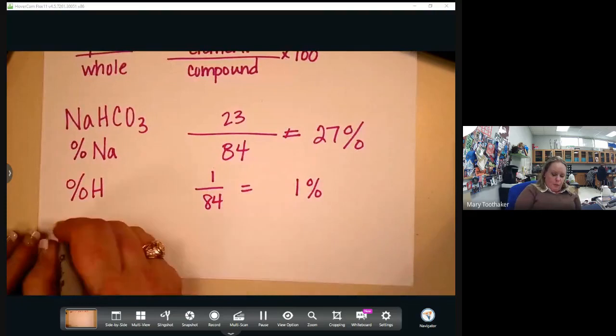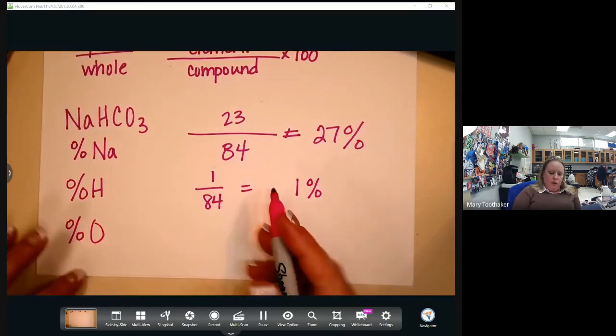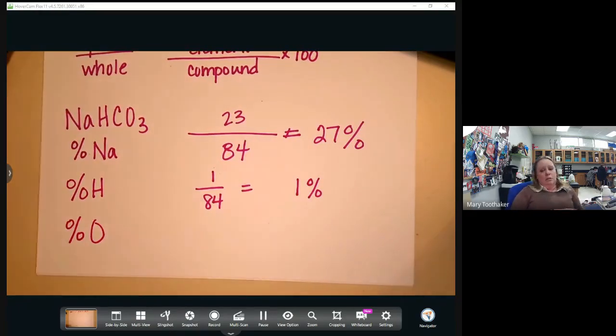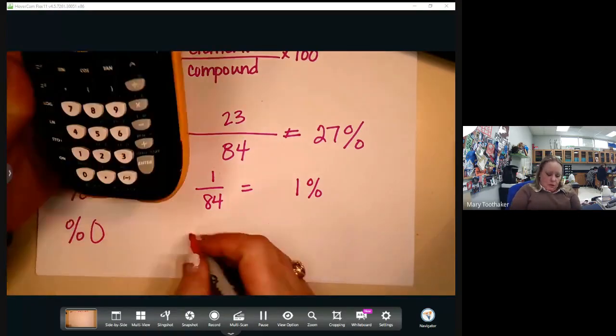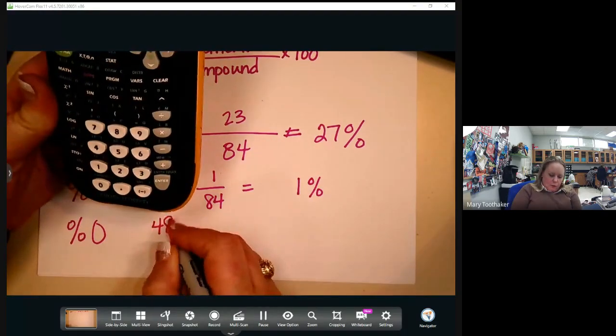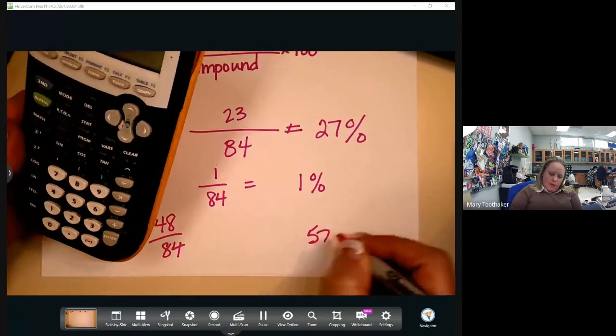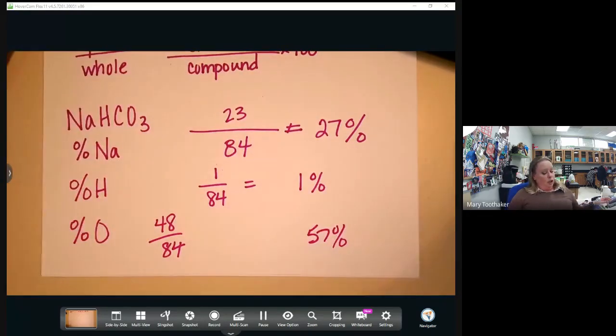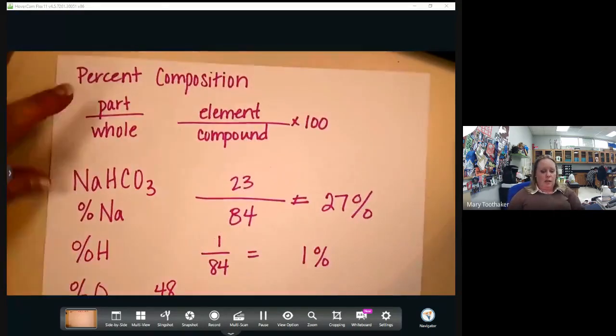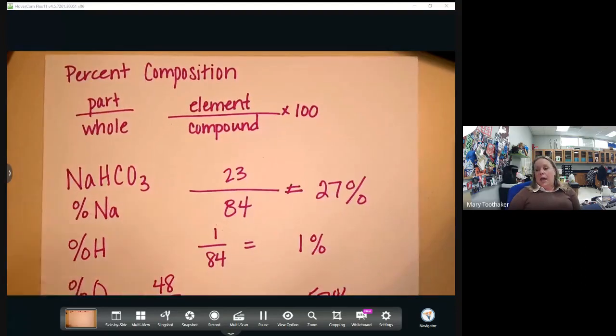If you wanted to know the percent of oxygen, you would have to multiply the 3 oxygens. And so it would be 48 over 84, which would be 57%. And once you've got all of them done, they should all add up to 100, because that's what percent means. Any specific questions about percent composition?